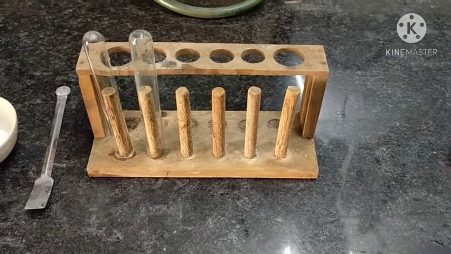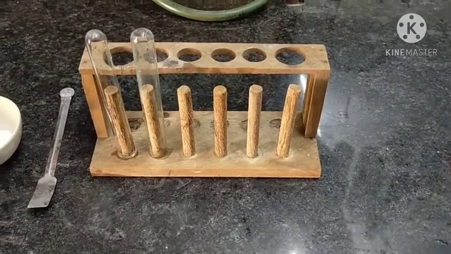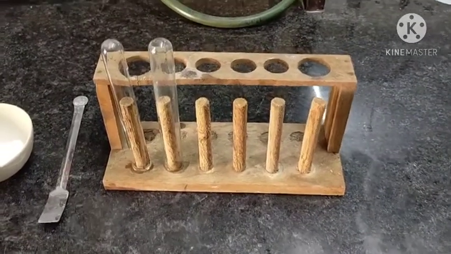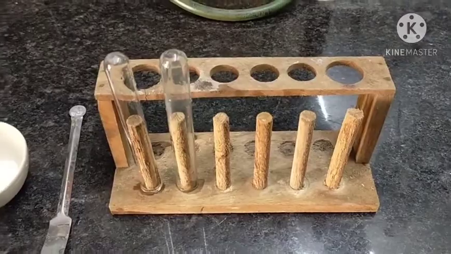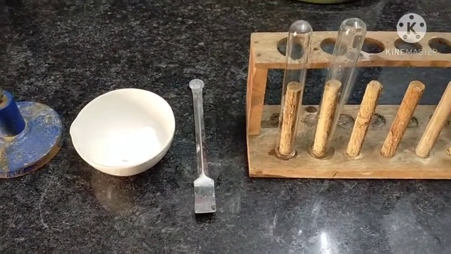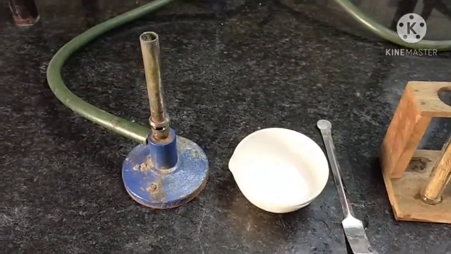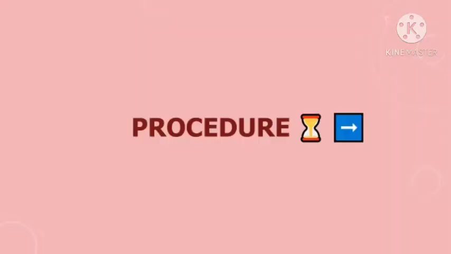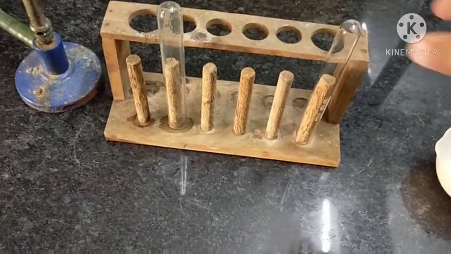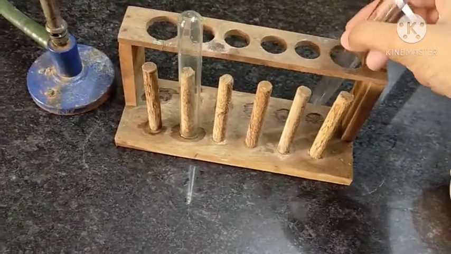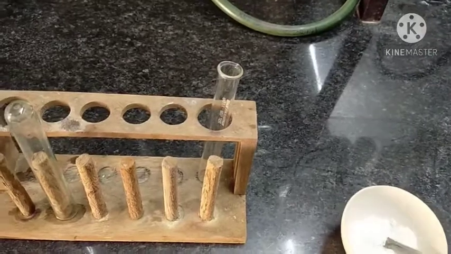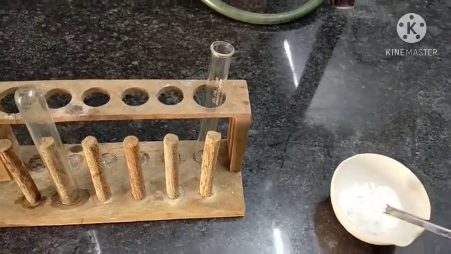To perform this experiment, the apparatus and chemicals we require are test tube and test tube stand, lead nitrate powder, a spatula and a burner. Let's move to the procedure part. Take one dry test tube and add a pinch of lead nitrate powder.